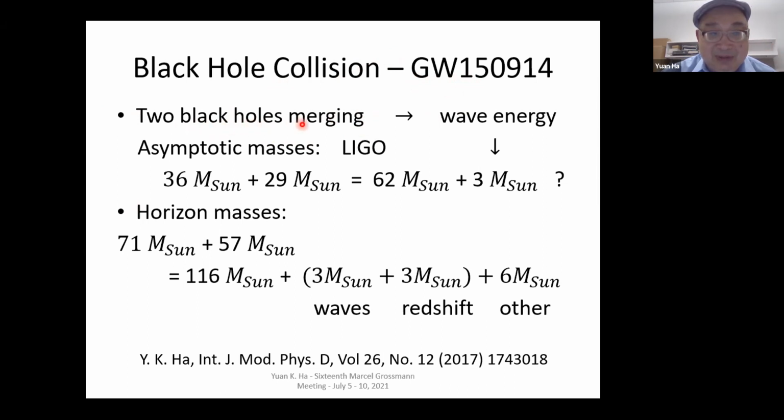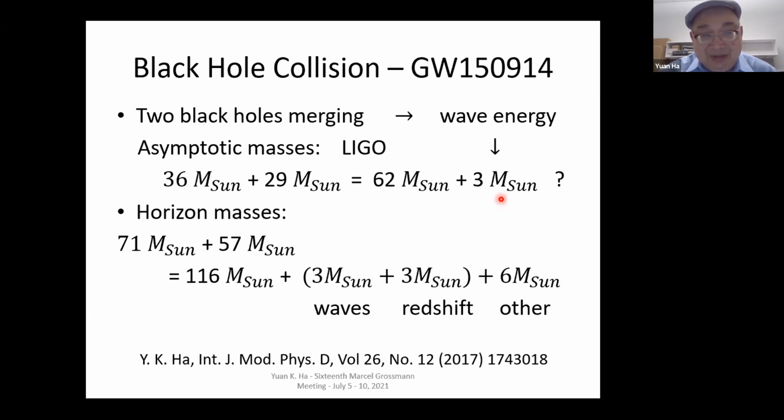Two black holes merged to form a final black hole, releasing gravitational wave energy. According to LIGO, the two black holes have masses of 36 solar mass units and 29 solar mass units. They form a final black hole of 62 solar mass units with 3 units left as gravitational wave energy.